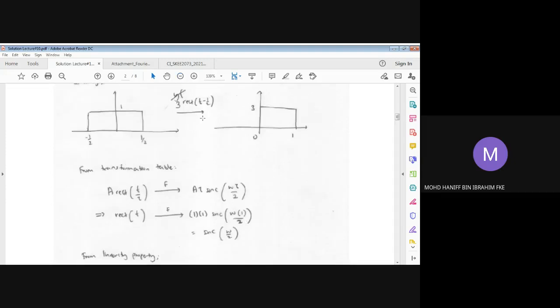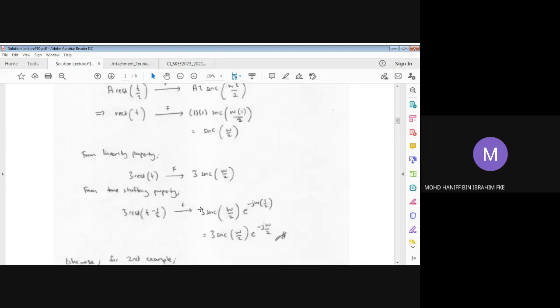Then it also includes a shifting by half, so we have to use the time shifting property of the Fourier transform. As we learned previously in the lecture, if we have a shifting value, we simply multiply by exponential negative j omega times the shifting value.